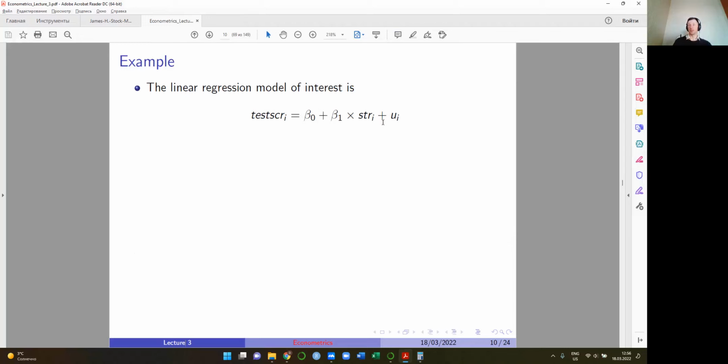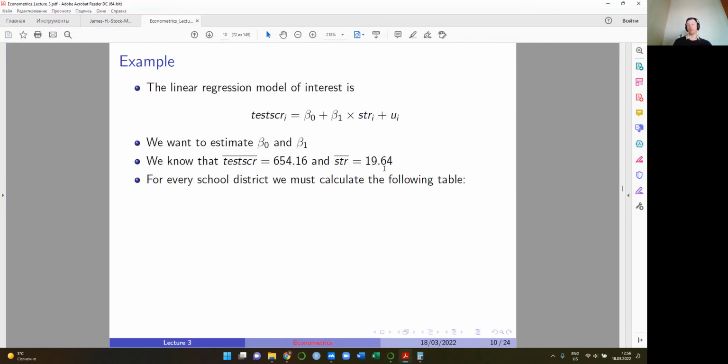And of course, there is an error term, but we want to estimate beta 0 and beta 1. We have calculated the averages: average test score, this, and average student to teacher ratio, this.